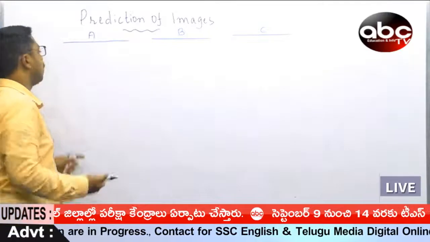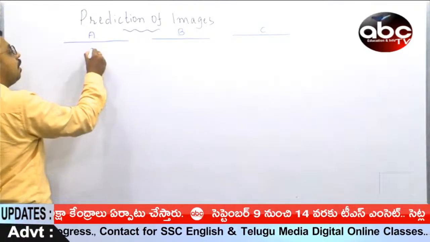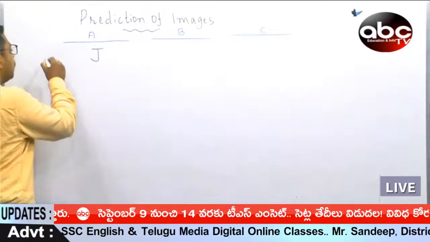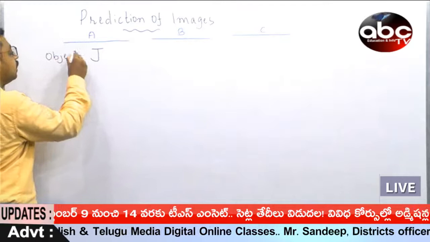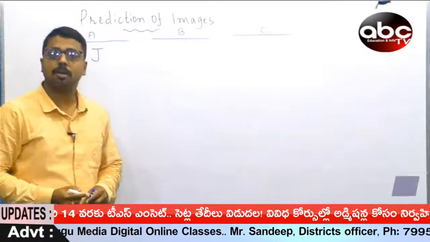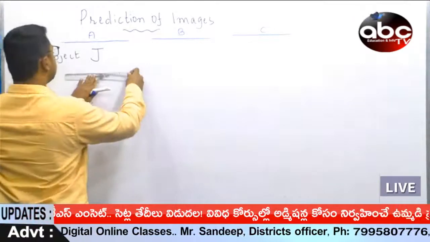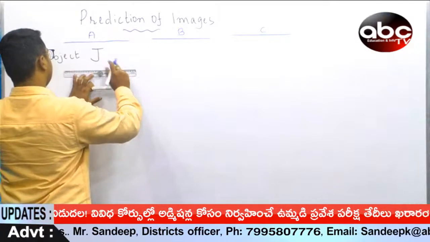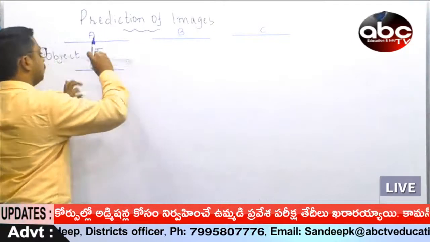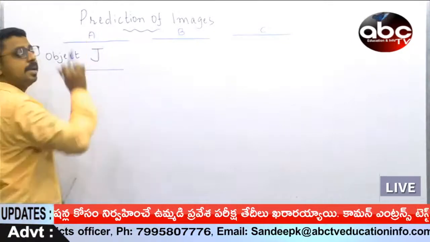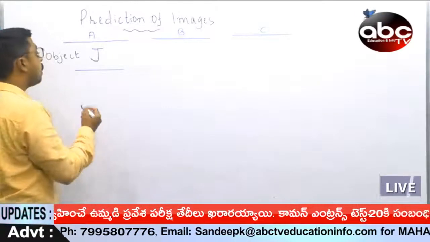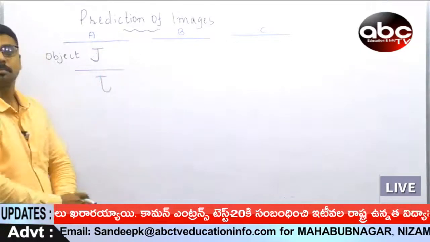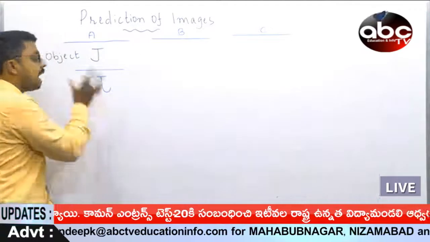Listen carefully. First of all, let me take an object like this. I have taken an object, J. When it is viewed with the help of a mirror, it is found to be like this.